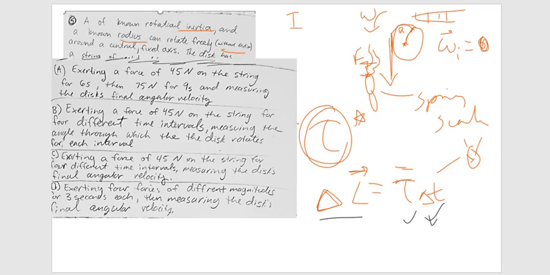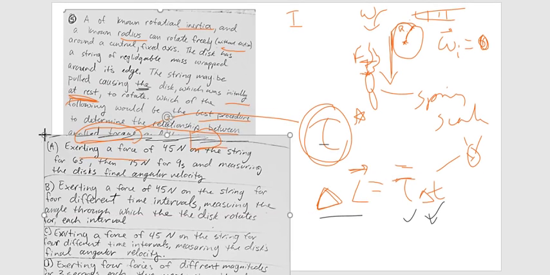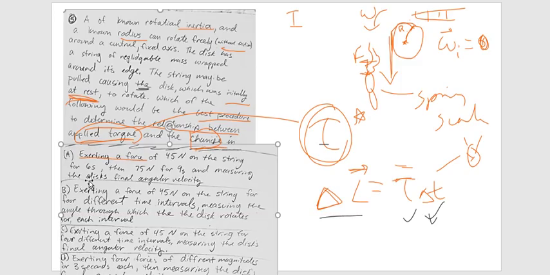But which one are we varying? We should probably be varying torque. Because if you change the force, you would be varying the torque. But then we're also varying the time. So it can't be that. You don't want to change two variables, so it can't be A.